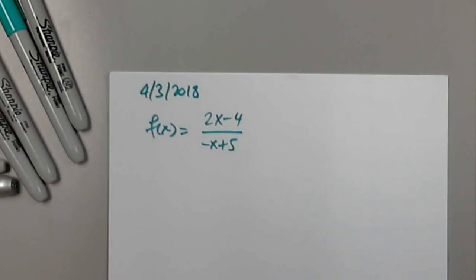Yes, it is rational. Very good. So it's a rational function, but we know that there are 3 different types of functions that we discussed. So what type? What subgroup of rational functions is this?